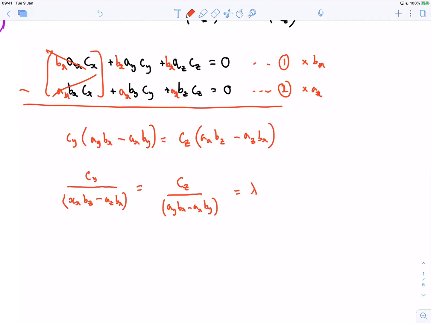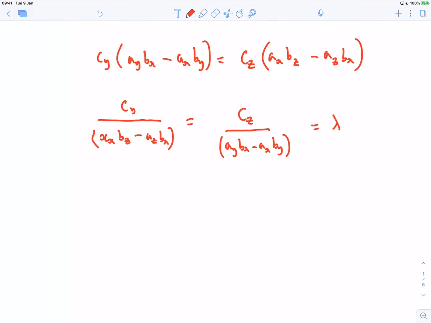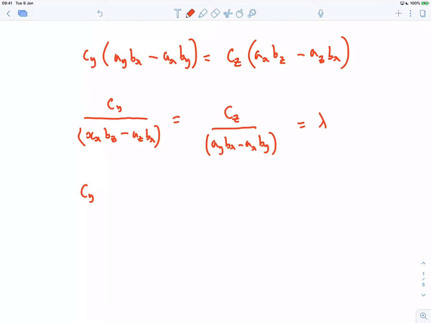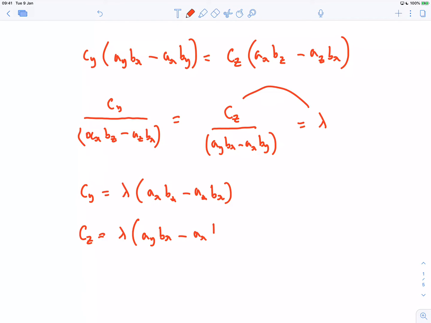Okay, now why is that useful? Because now I have that CY equals lambda lots of AXBZ minus AZBX if I compare these two, and if I compare these two I'll have CZ equals lambda lots of AYBX minus AXBY.